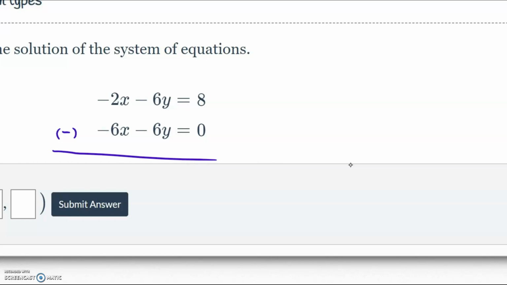Now remember, this negative down here, you could write this system like this if you wanted to. Some of you might find it helpful to write it this way. I rewrote the top equation, and then the bottom equation I'm subtracting.